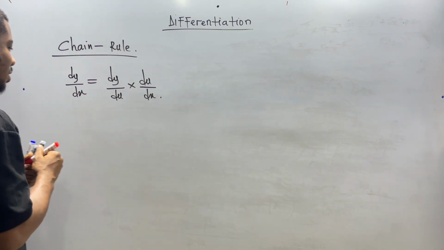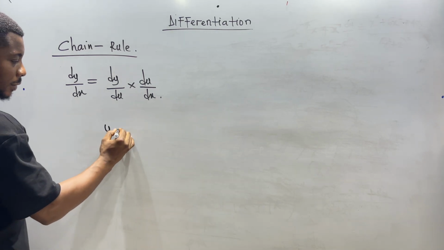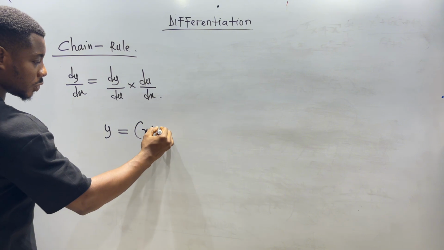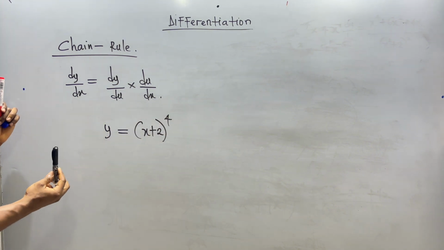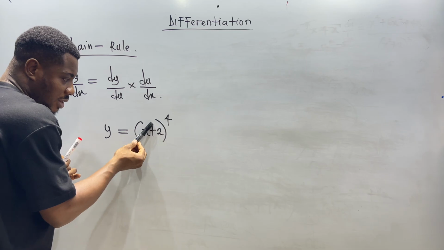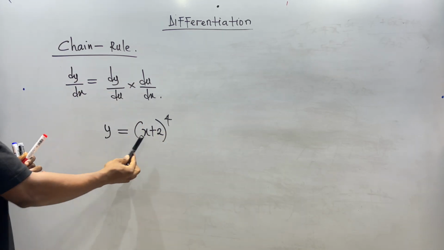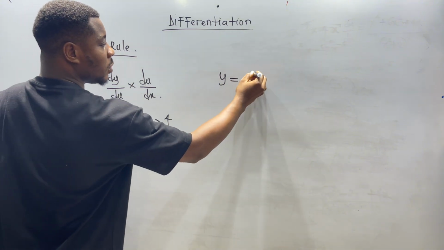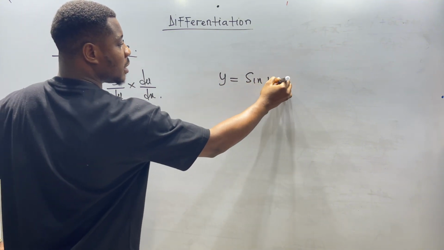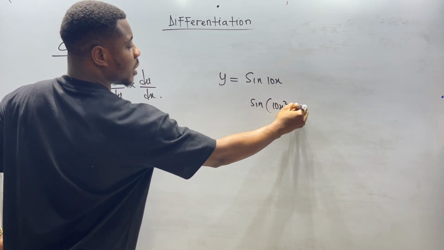Let me give you an instance now. Let's say, for instance, I have something like this: y is equal to (x plus 2) to the power of 4. You can see that we have this term enclosed in the power of 4. Or I see something like y is equal to sine of 10x, or sine of (10x squared minus 3).